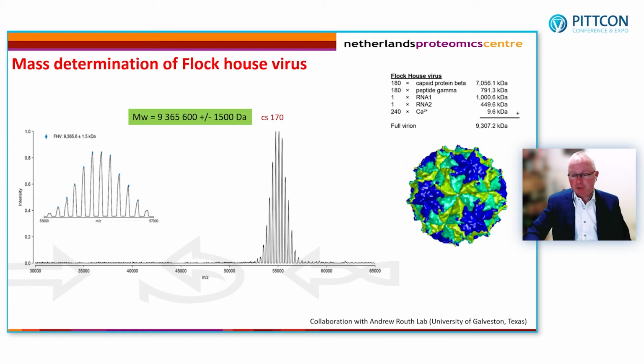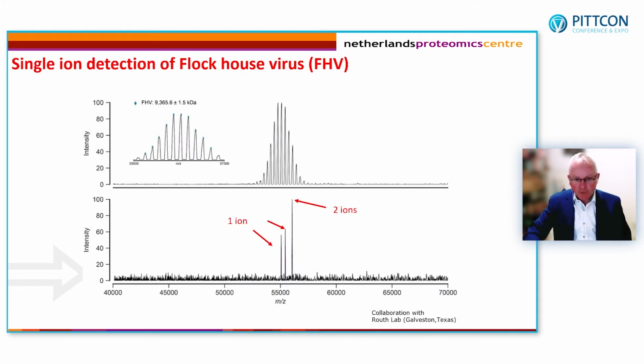Now, this is really a genuine virus. It contains 2 different proteins of both 180 copies. It contains 2 pieces of RNA. It contains calcium. So it's amazing that we can get such beautiful mass spectra out of this. But we also realized when we measured these particles that there is something quite peculiar.